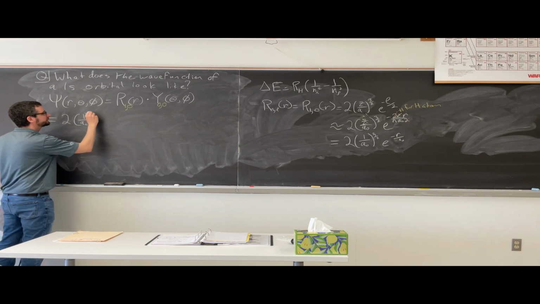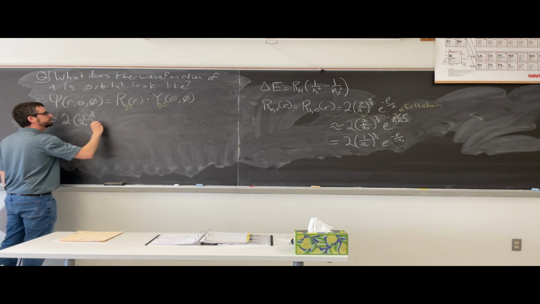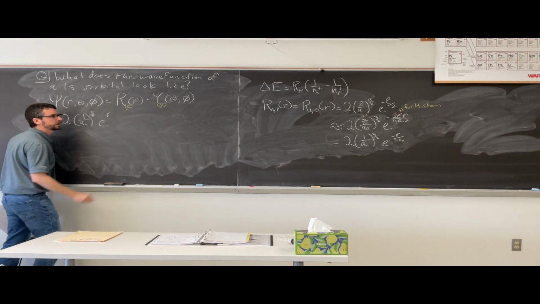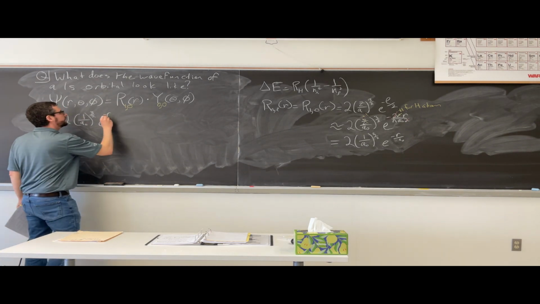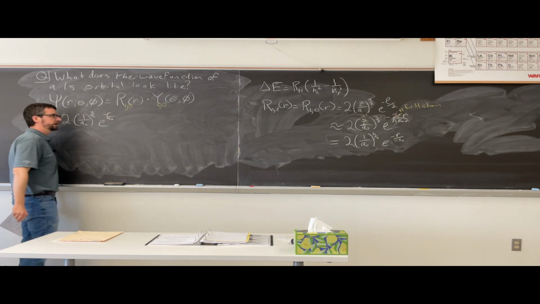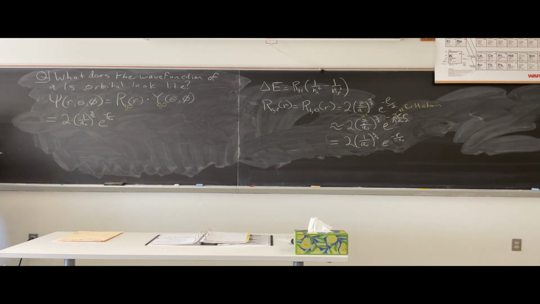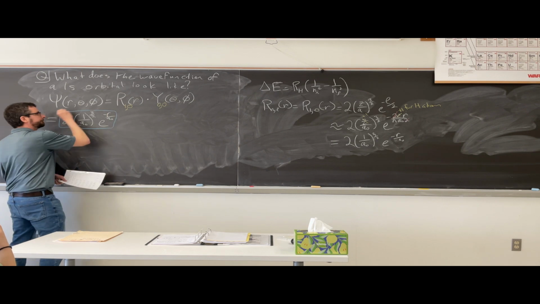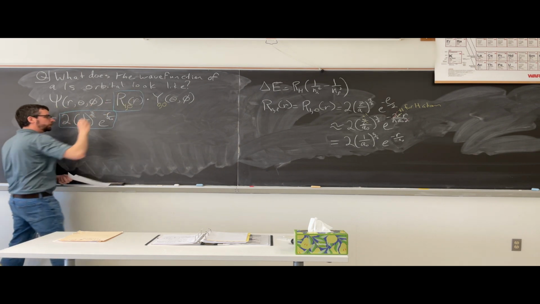Is it 3 halves? Okay. e to the negative r over a naught. So that's for R. What else do we need?